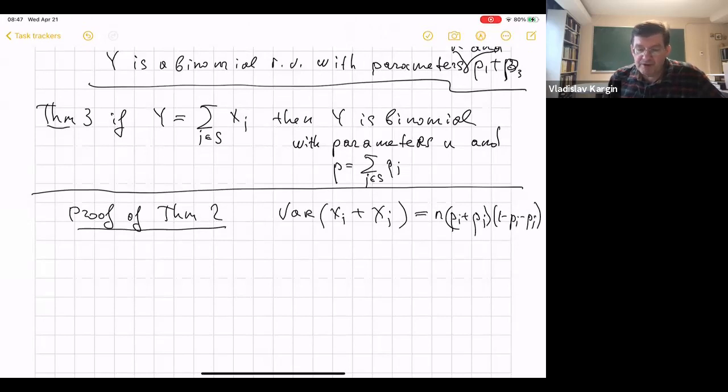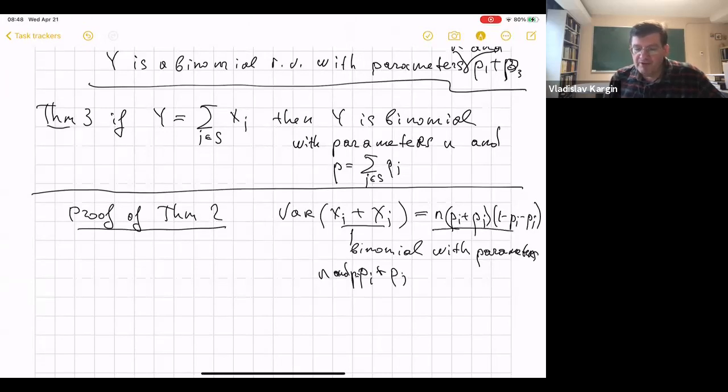Because this is a binomial with parameters n and p equal to pi plus pj.